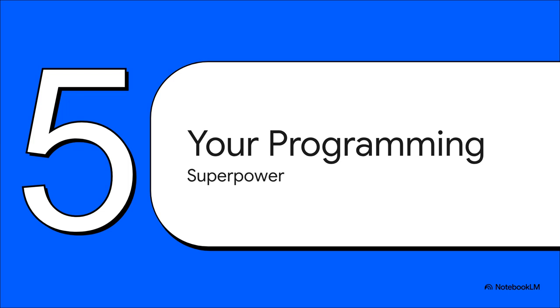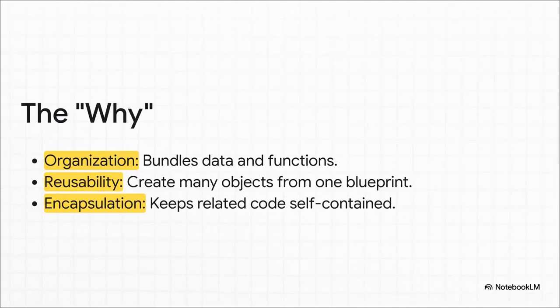Okay, so we've gone through the nuts and bolts, but let's zoom out for a second. Why is any of this important? Why do I keep calling this a superpower? Well, it all boils down to just smarter design. I mean, imagine trying to keep track of 100 people. You'd have one list for all the names, another list for all the ages. It would get so messy so fast. Classes fix that.